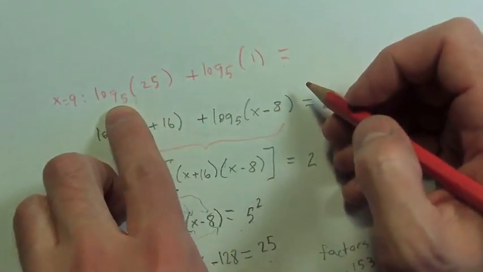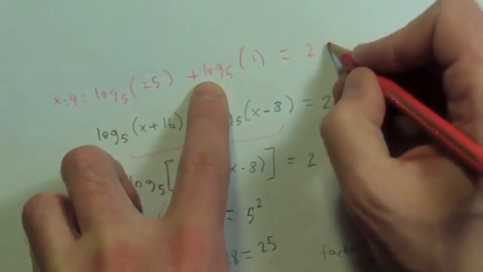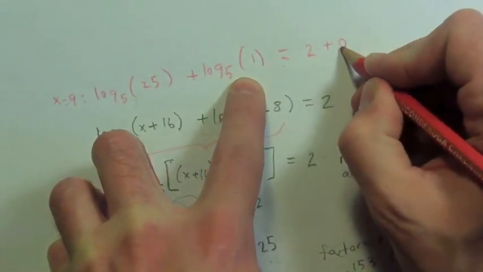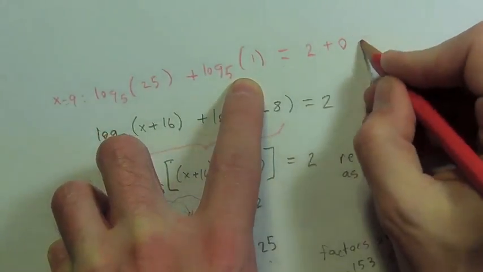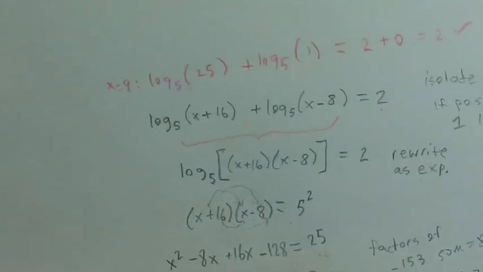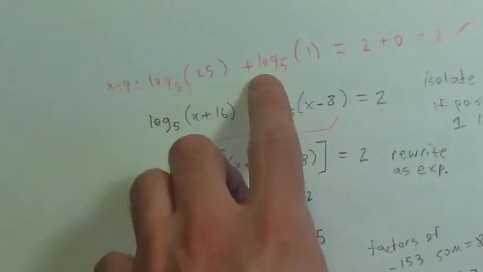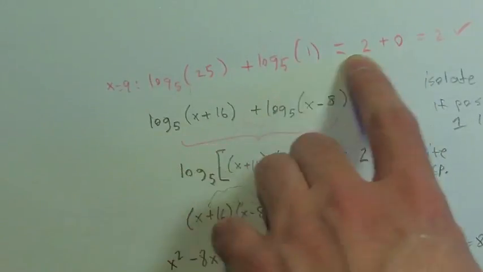So you get log base 5 of 25, that would be 2, plus log base 5 of 1, which would be 0, which is 2. So it actually works out. And remember, that's because 5 to what power gives us 25? 2. 5 to what power gives us 1? 0.